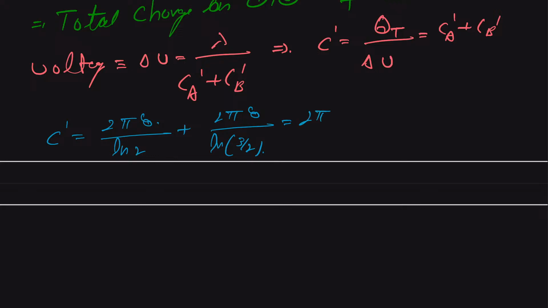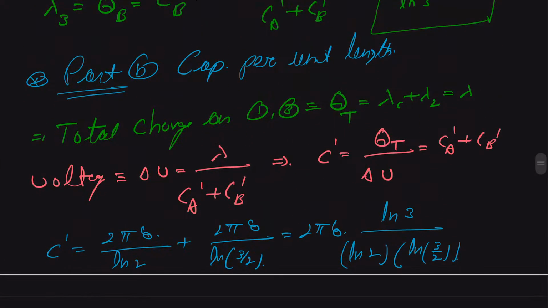So this comes as 2 pi epsilon naught times natural log of 3 divided by natural log of 2 multiplied by natural log of 3 by 2. So this is our C prime. That is the capacitance per unit length that was asked for.